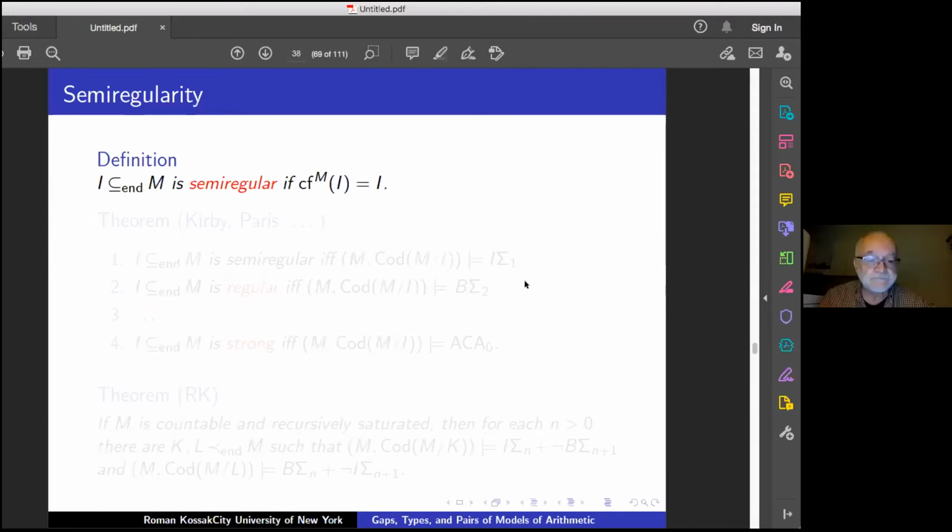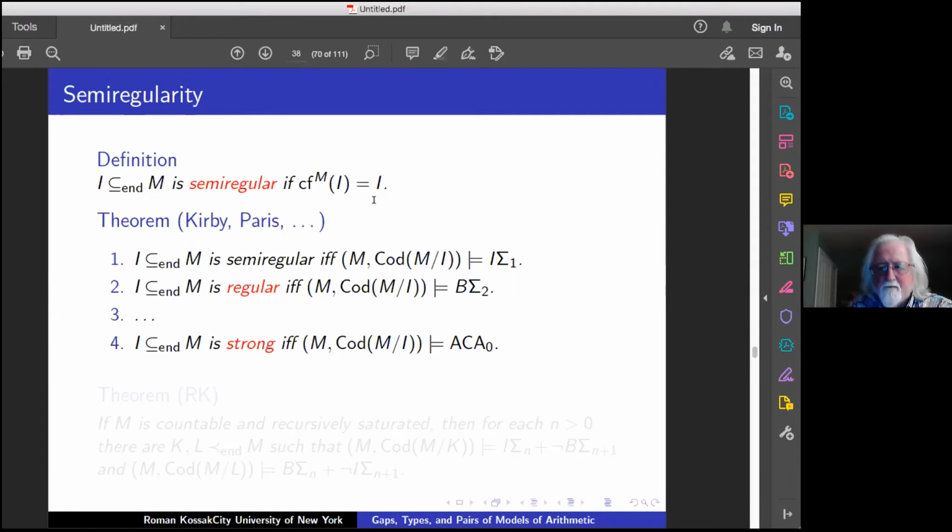Because when we talk about theories of pairs, well, all those combinatorial principles that were studied in the 80s, starting from Kirby and Paris, and then this whole development of combinatorics inside a non-standard model of Peano arithmetic, and Kanovei has actually done much work in this area, all those definitions of various combinatorial properties of a cut inside a model of PA are first order definitions. So this is something that a pair, a model and a cut, have.